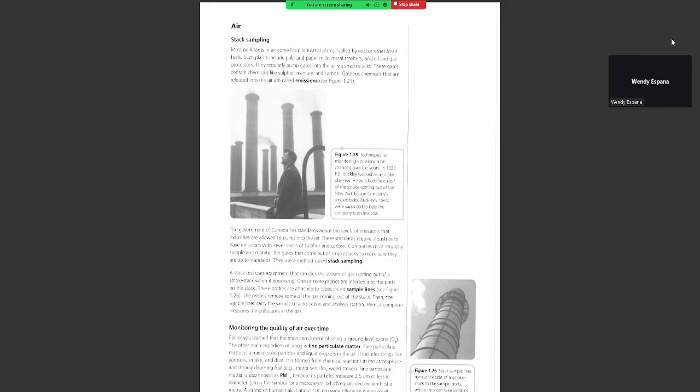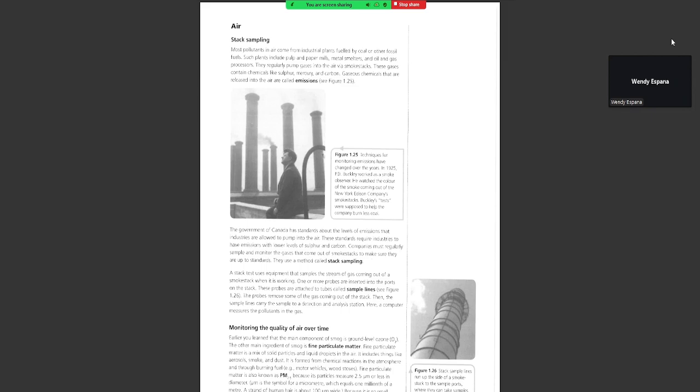You have to sample the gases coming out of the mill through what's called stack sampling. The picture shows smokestacks. That's how smoke leaves the factory, the mill, whatever company we're looking at, and they have to sample the gases and monitor them as well. So they use something called stack sampling. It's equipment where, as the steam is coming out of the smokestack, there are probes, and the probes are attached to tubes called sample lines.